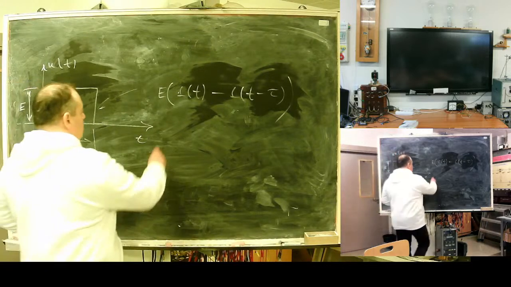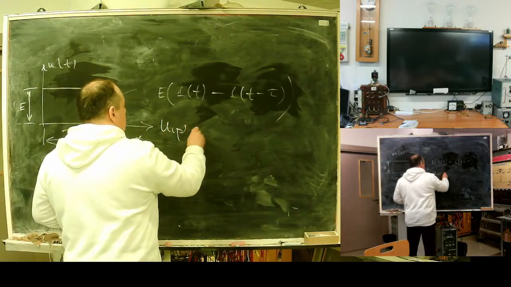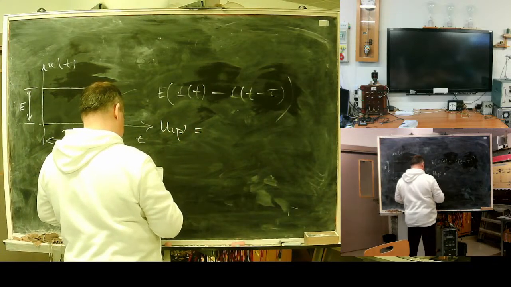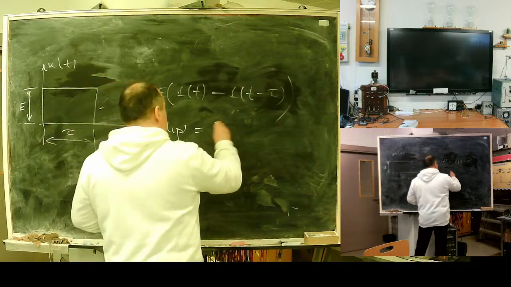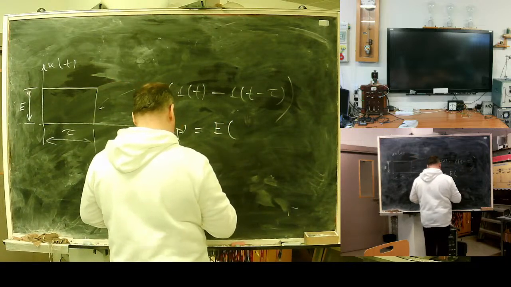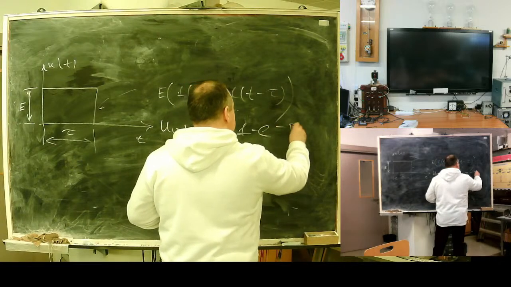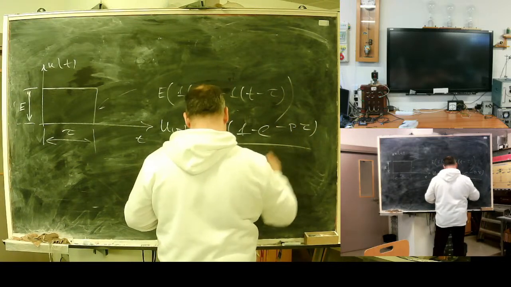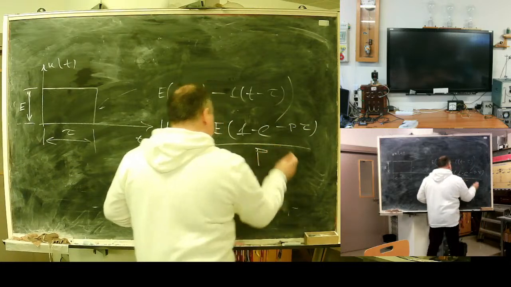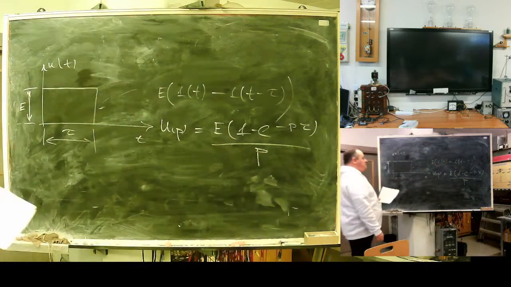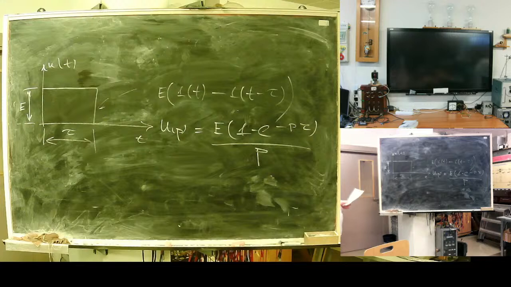Its image is quite simple: E multiplied by 1 minus e to the power minus p tau, divided by p, is the image of such a function.